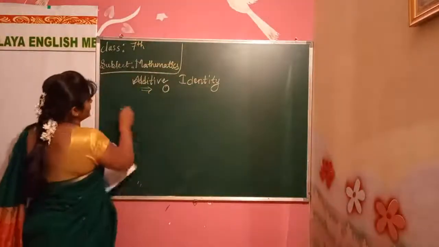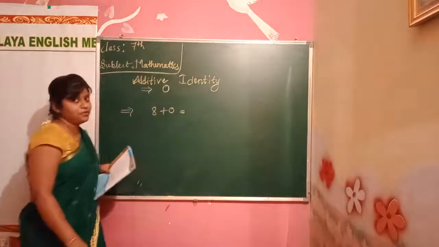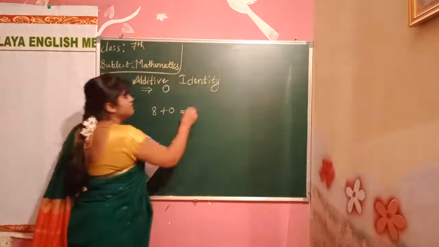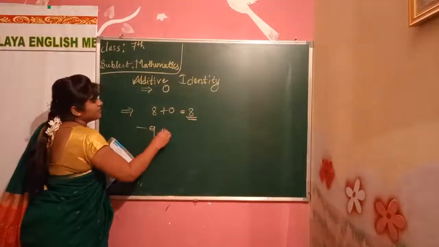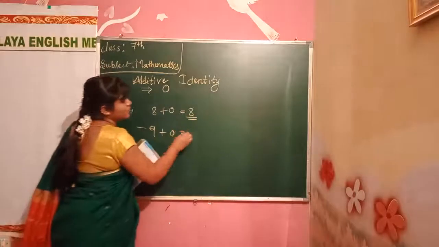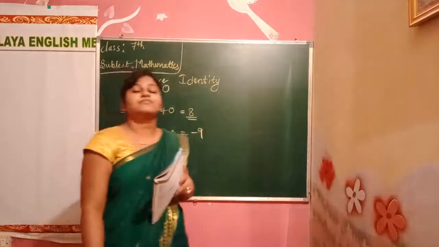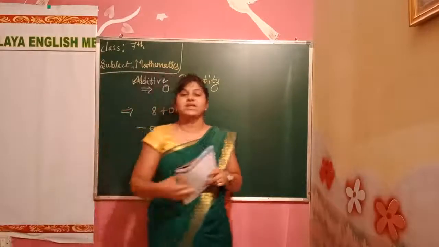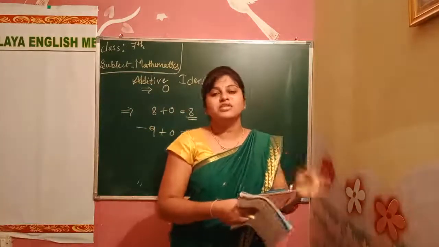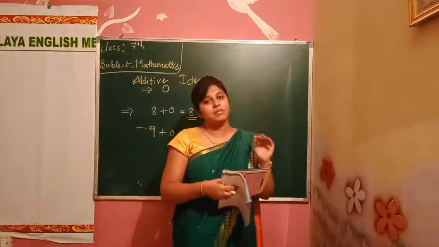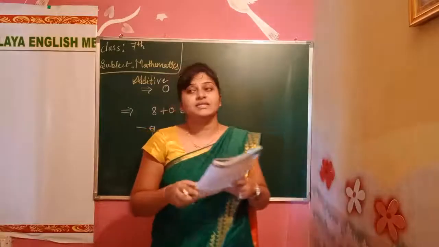For example, I am writing 8 plus 0. When we add 0 to 8, what we get, children? We get 8 itself. When we add minus 9 plus 0, what we get? Minus 9 only. This is called the additive identity. When we add 0 to any number, we get that number itself.